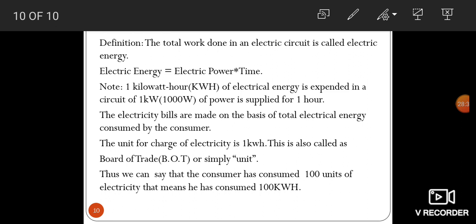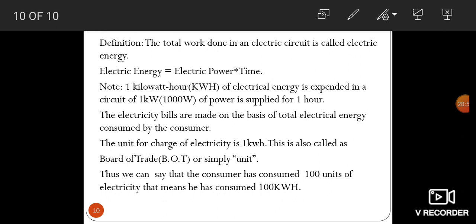Similarly, we can understand about AC load. DC load means we have only resistance values. If there is AC load, then we have inductance and capacitance elements. For that, the electrical energy consumed is given in the form of kVAh.